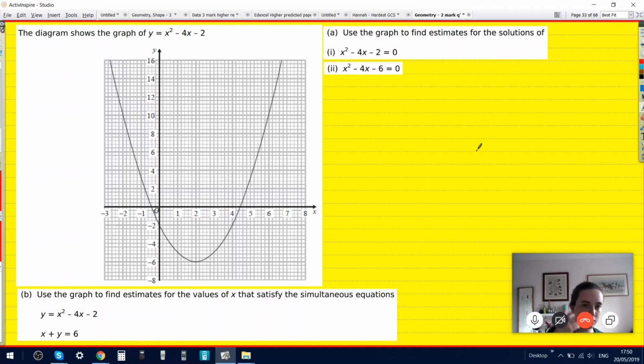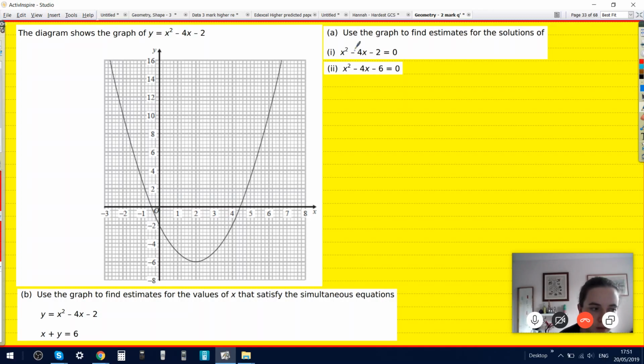How do we do these two? X minus 2 and then x... Are you factorizing?